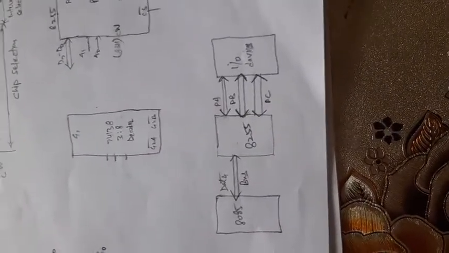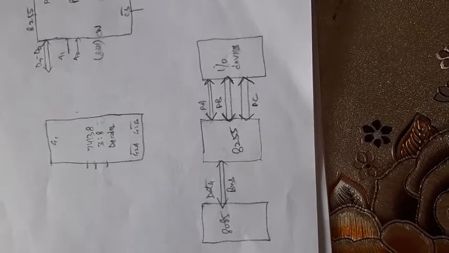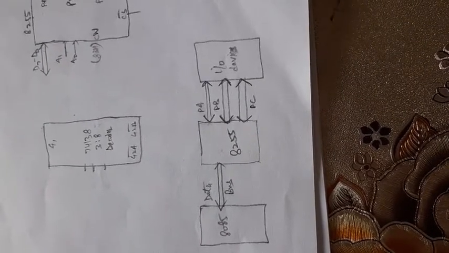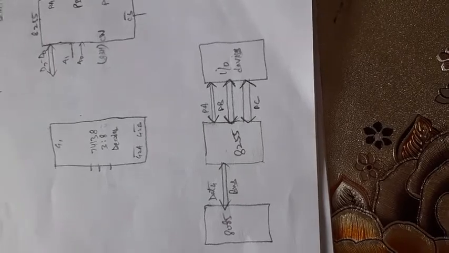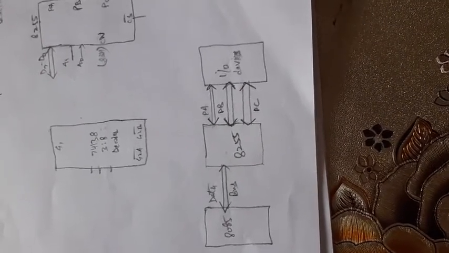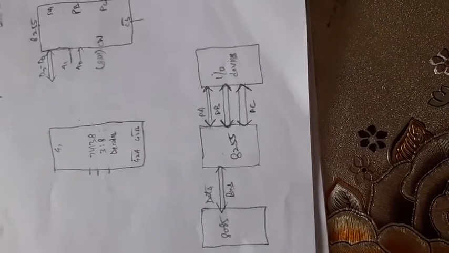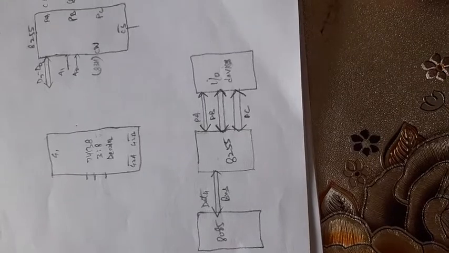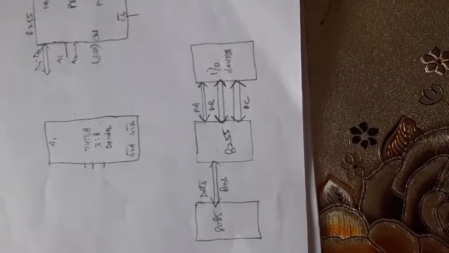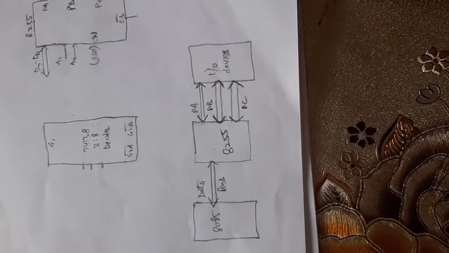Then the microprocessor will not take that data, and we are in a situation where we do not know whether that data is transferred or not. This kind of transfer is known as unreliable transfer.